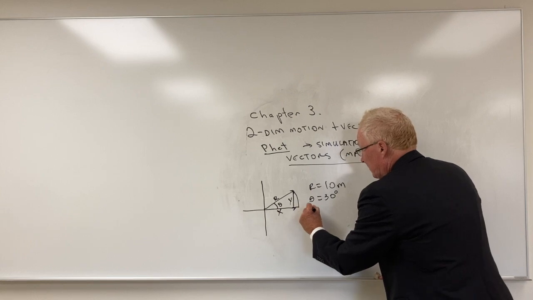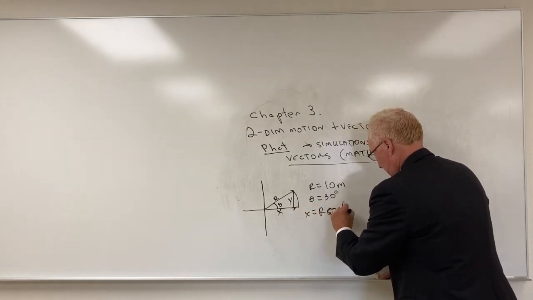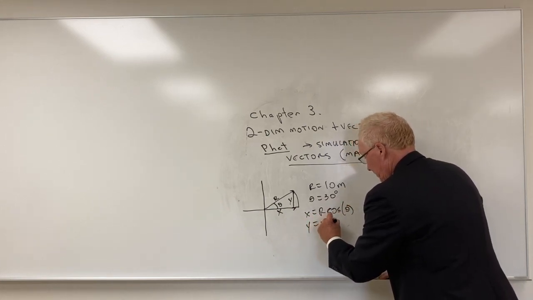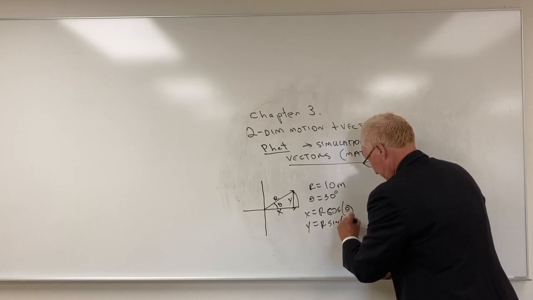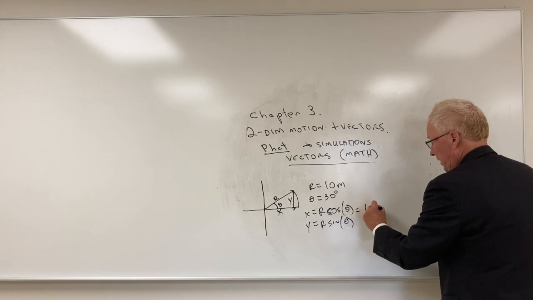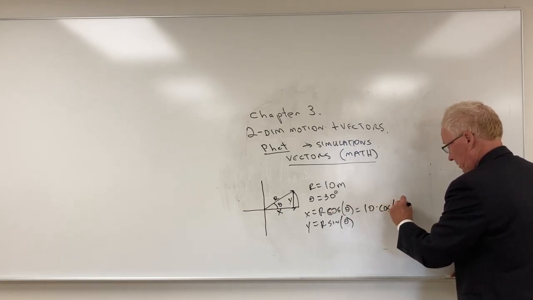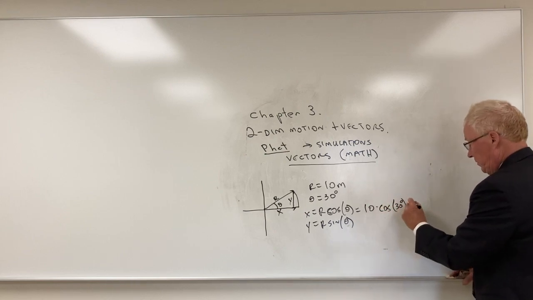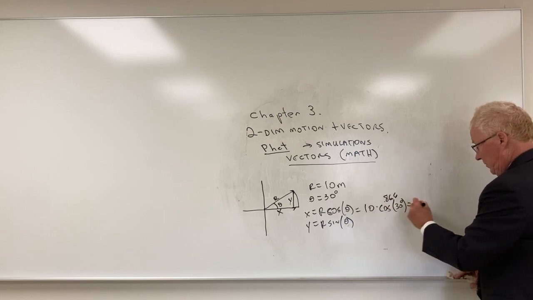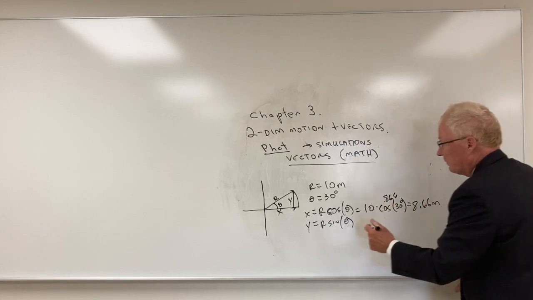So X will be equal to R times the cosine of the angle. Y is equal to R times the sine of the angle. So in this case, X would be 10 times cosine of 30 degrees, which is 0.866, so this would be 8.66 meters, roughly.